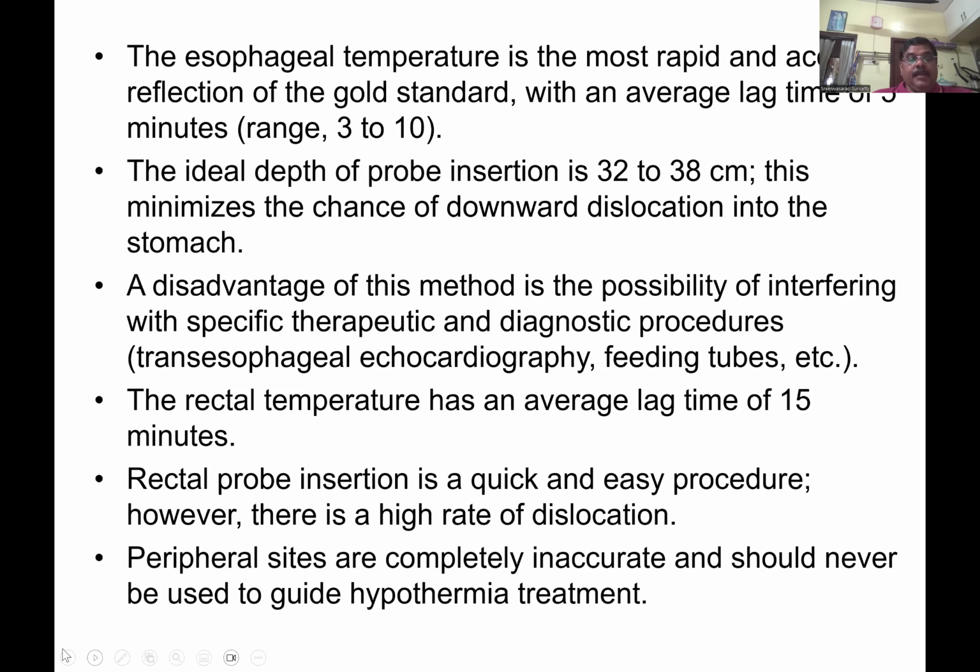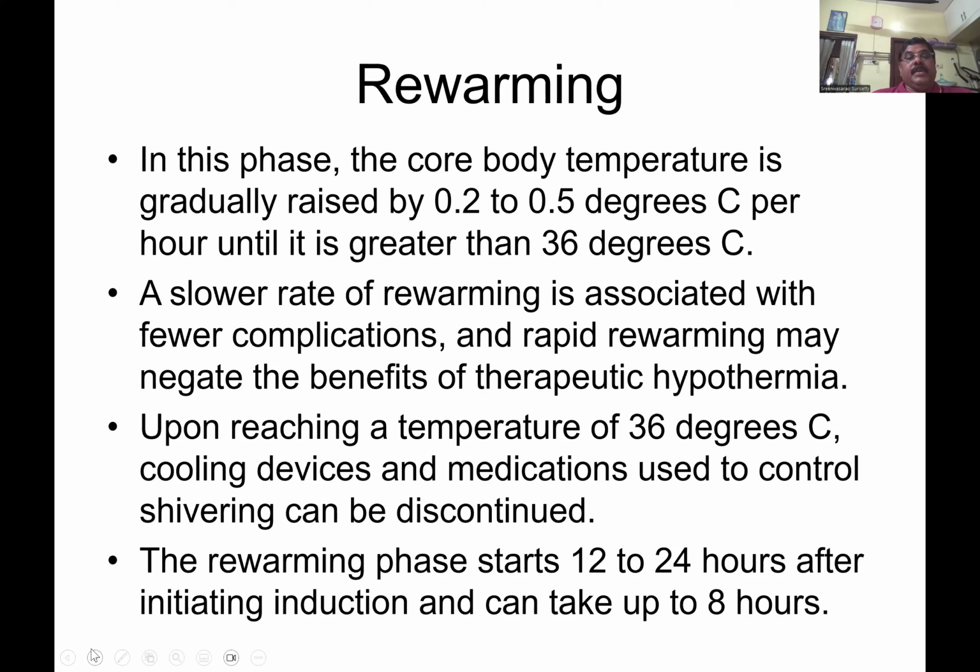to guide the hypothermia. Now, rewarming. In this phase, the core body temperature is gradually raised by 0.2 to 0.5 degrees centigrade per hour until it reaches greater than 36 degrees Celsius. A slow rate of rewarming is associated with fewer complications, and rapid rewarming may negate the benefit of therapeutic hypothermia.